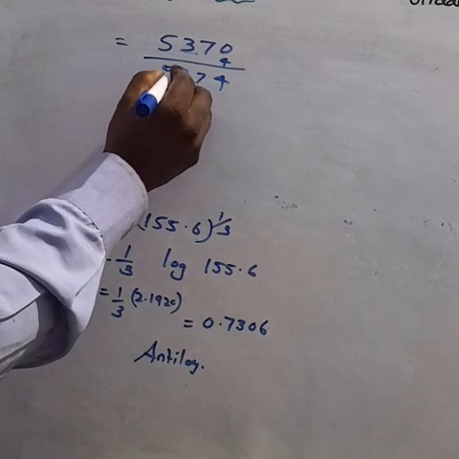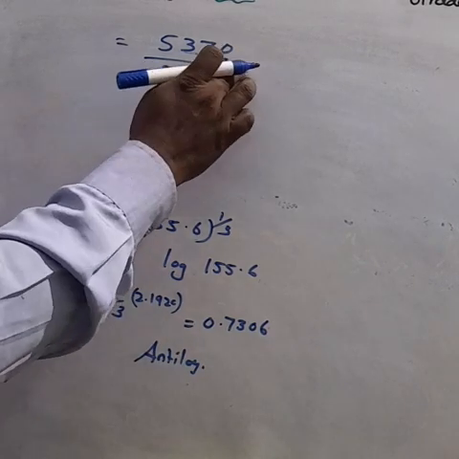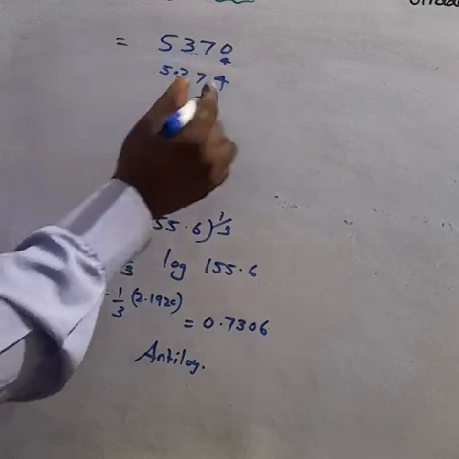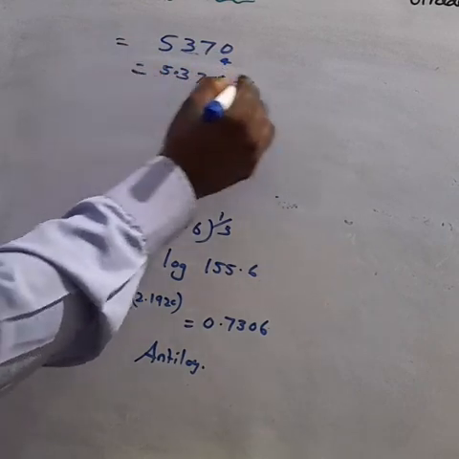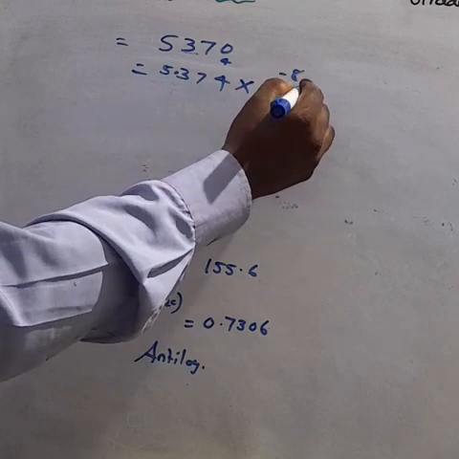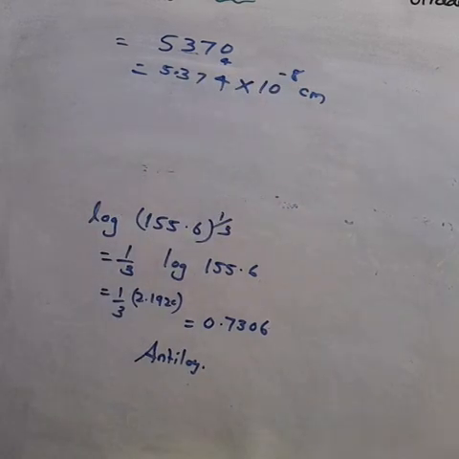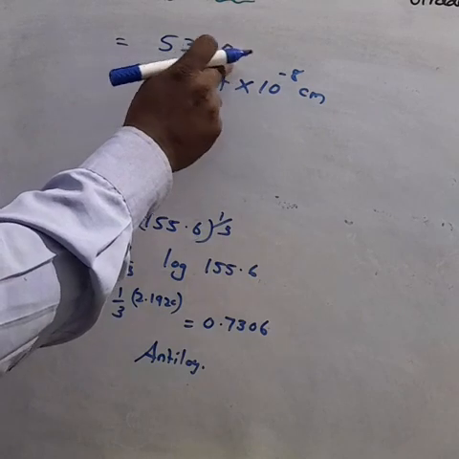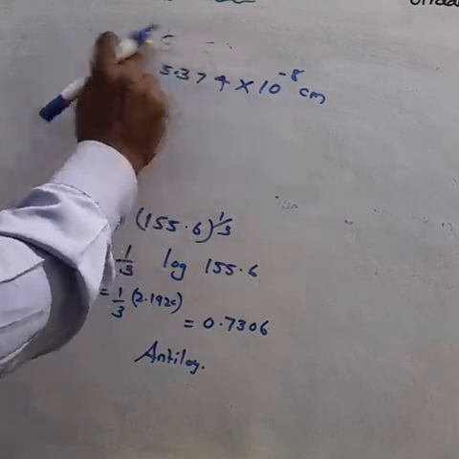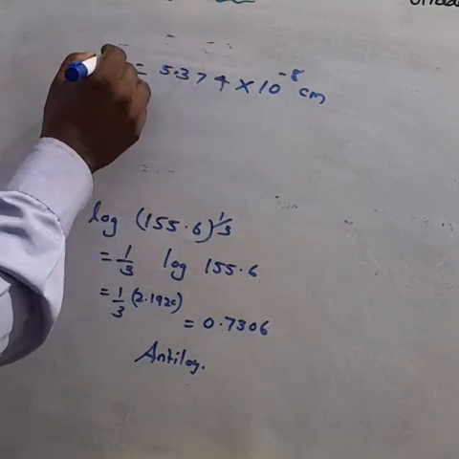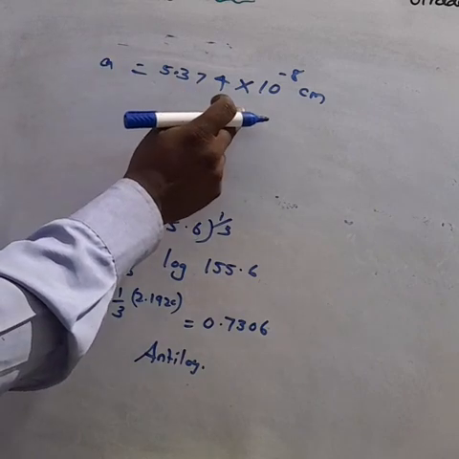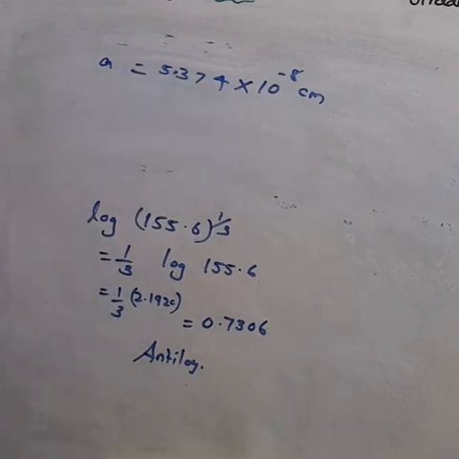That is 5.374 into 10 raised to minus 8 centimeter. Now I get the A value, about 5.374 into 10 raised to minus 8 centimeter.